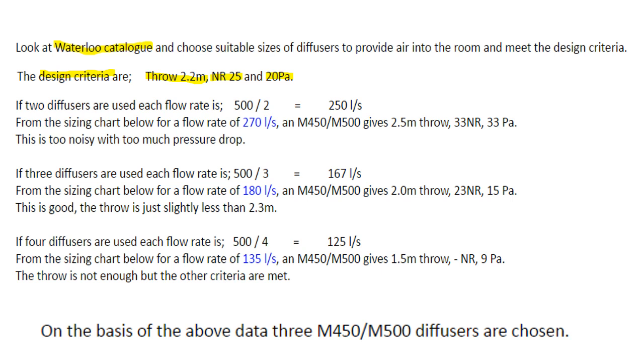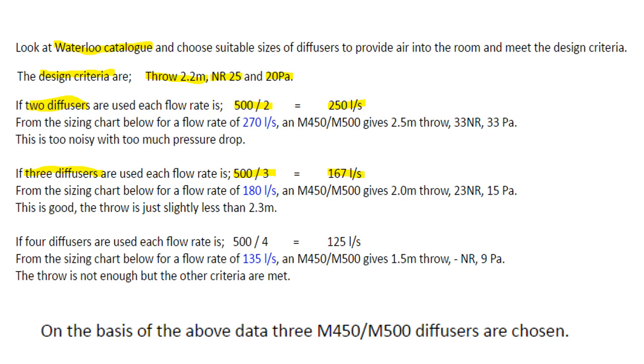So if we have 2 diffusers, then you will have to divide the 500 liters per second by 2. So per diffuser you will have 250 liters per second. But if you choose 3 diffusers in your layout, you will have to divide the 500 by 3. Then you will have 167 liters per second per diffuser.